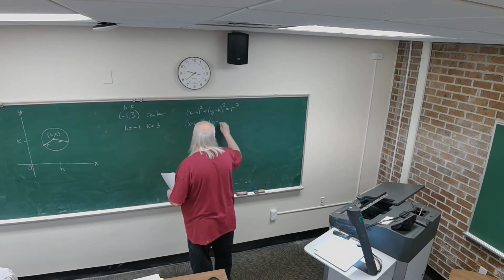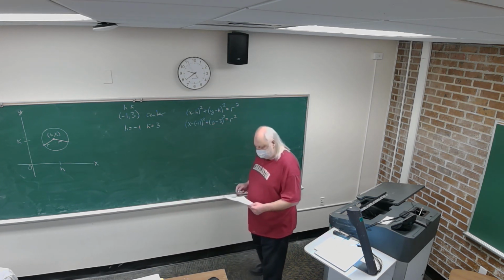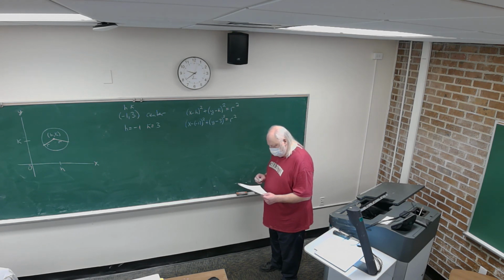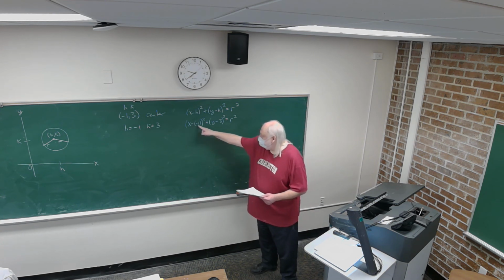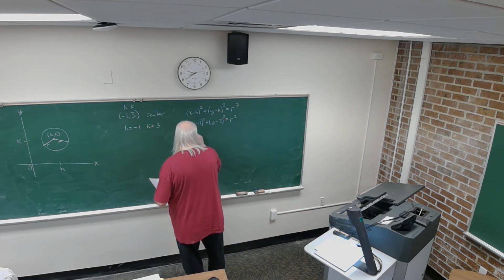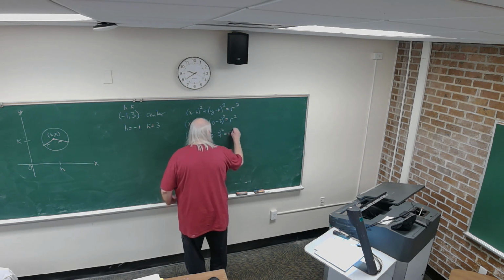And 3 is equal to k, so we have (y minus 3) squared. And that's equal to the radius squared. We don't know what that is yet. Okay. So when we simplify, minus a -1 is +1. So we have (x plus 1) squared plus (y minus 3) squared is equal to r squared.